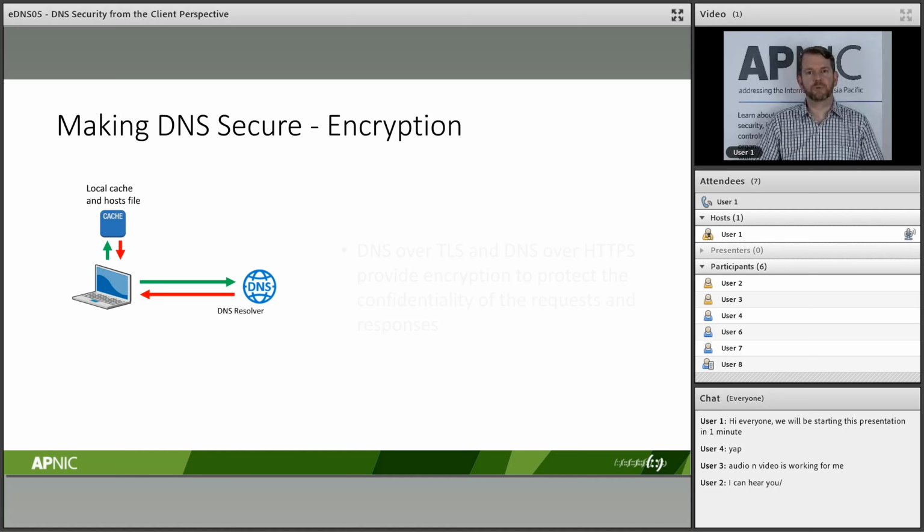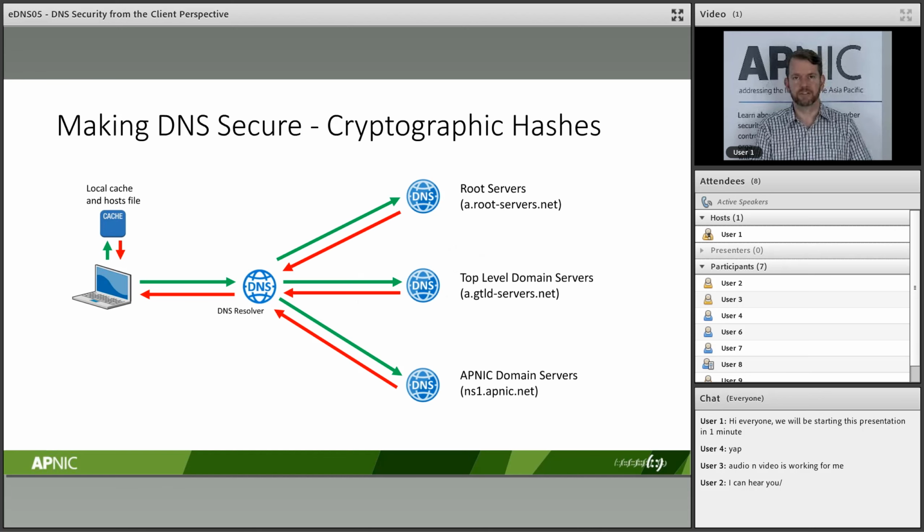Sometimes these are working on different port numbers, sometimes these are working on standard 443, but one way or the other, it's encrypting or modifying the communication so that there are those layers wrapped around it, as shown in the diagram here. And this provides confidentiality for both the request and the response. There is still some small leakage of information because the client computer is talking to the DNS resolver, but the actual request being sent inside of there is completely hidden and protected.